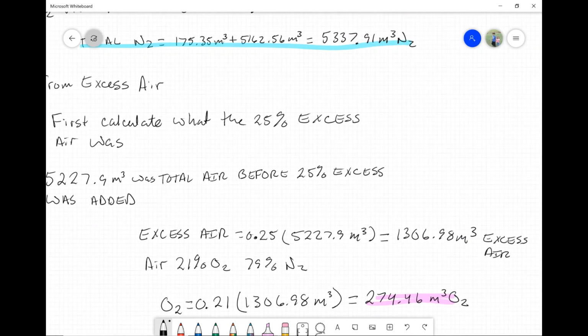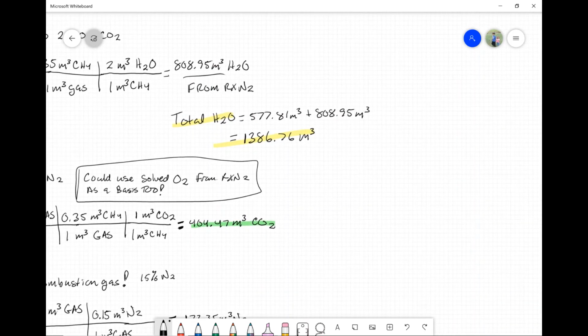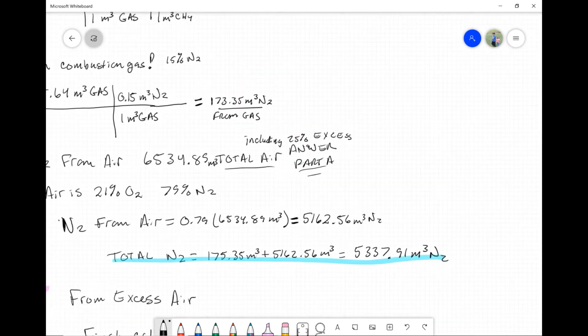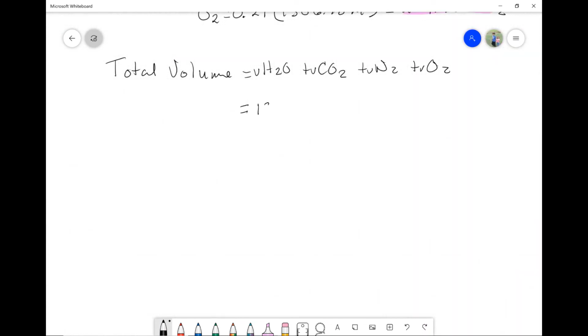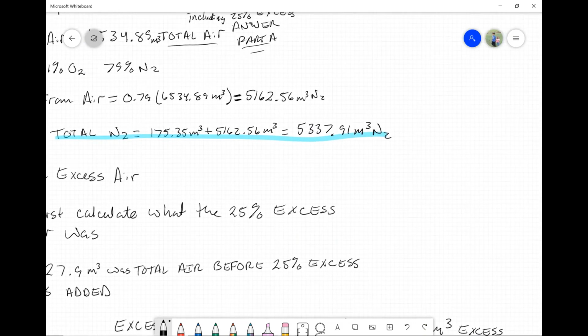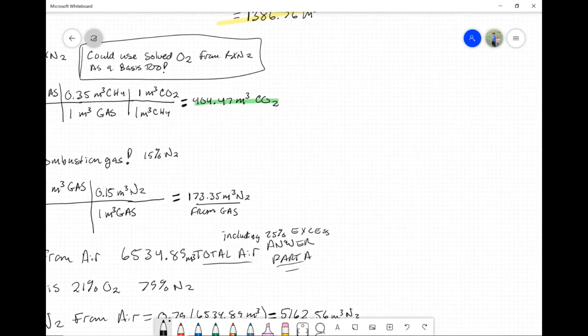So our total H2O was 1386.76. CO2 was 404.47.